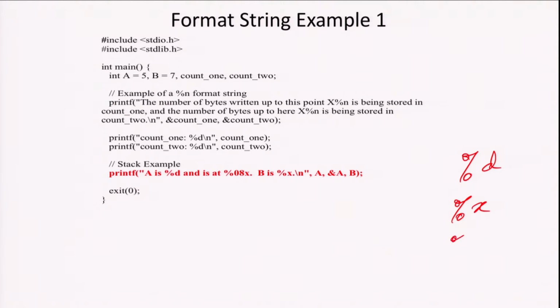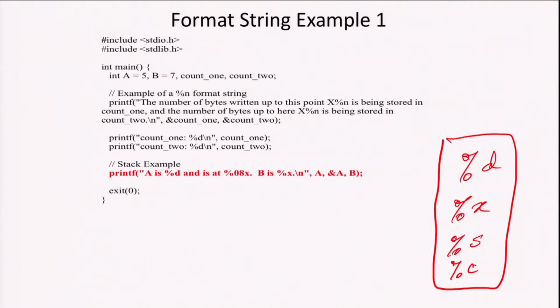If we use %s, we mean a string. If we use %c, we mean a character. These are the formatting instructions given by a format string. When we do printf, we normally give a format string so that it is printed in the right format. There are other obscure ones, for example, %n.